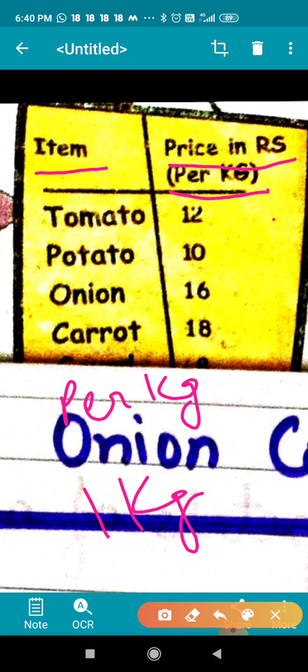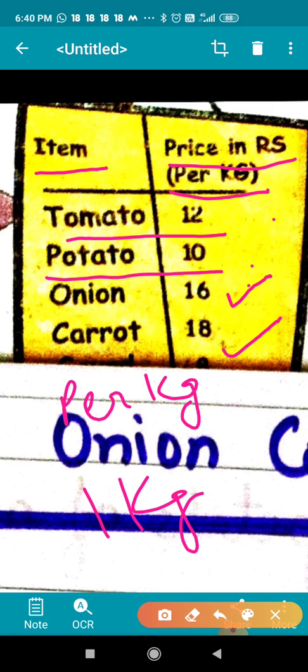It means tomato 12 means 1 kg of tomato costs 12 rupees. Potato 10 means 1 kg of potato costs 10 rupees. 1 kg of onion costs 16 rupees, and 1 kg of carrot costs 80 rupees.